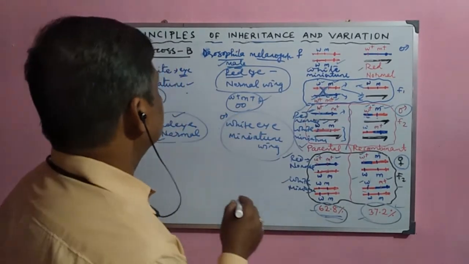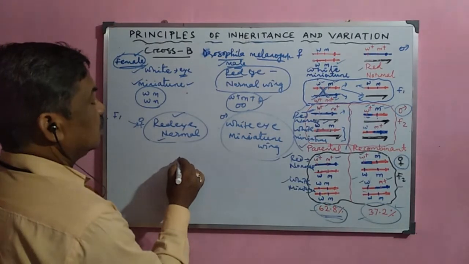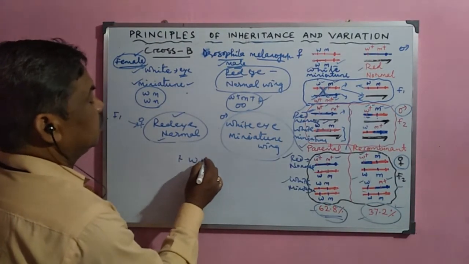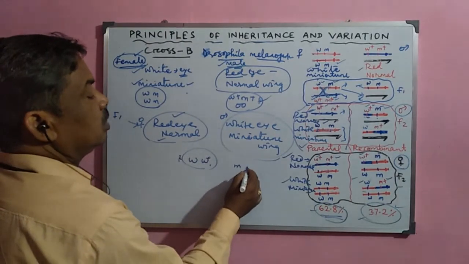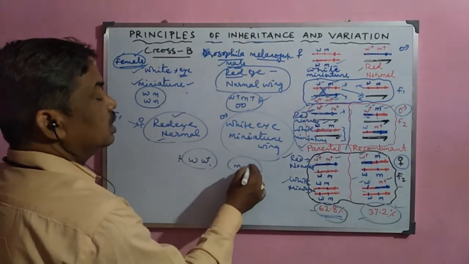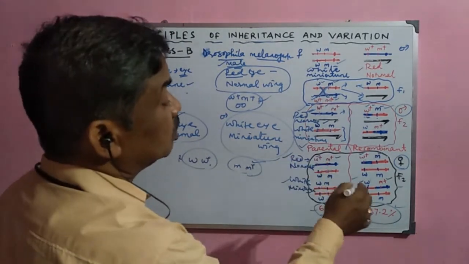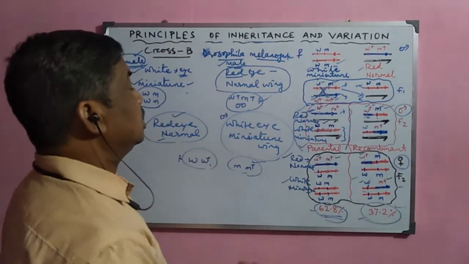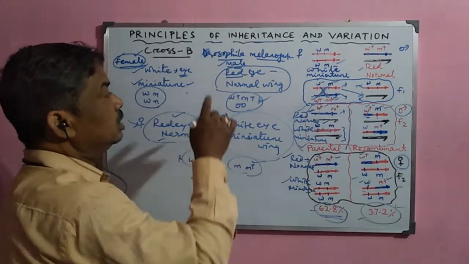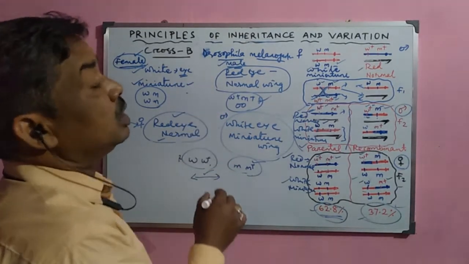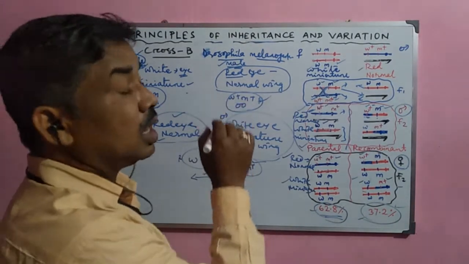So that is why here in the red there are W plus, this is one character, and M plus another character. As the recombination frequency is more, automatically the distance between these two genes is more in comparison to the body color and the eye color.